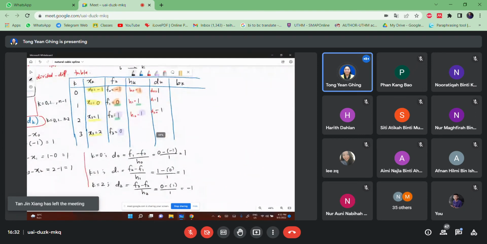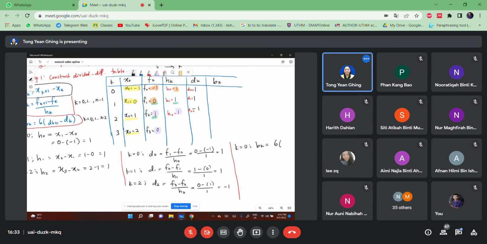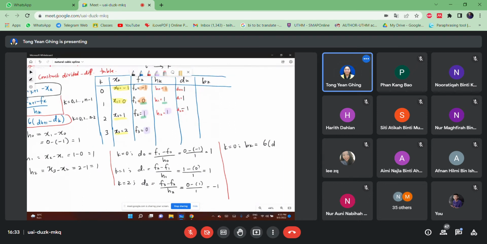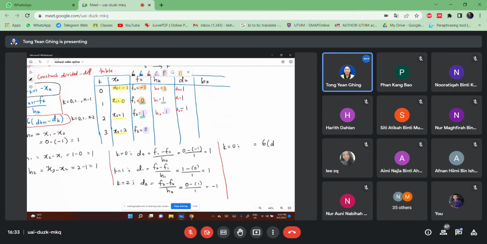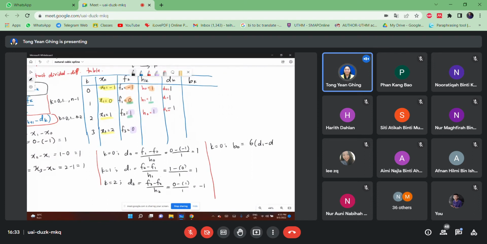When k equal to 0, B0 equal to 6 times d1 minus d0.